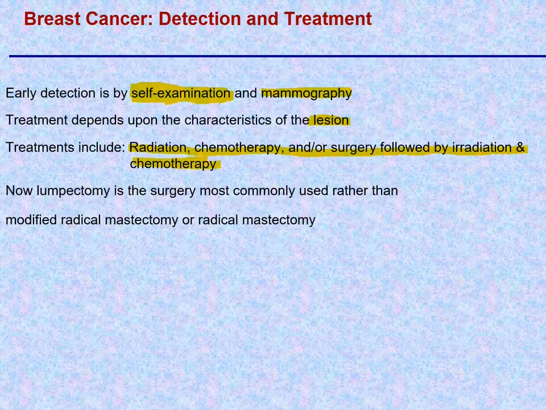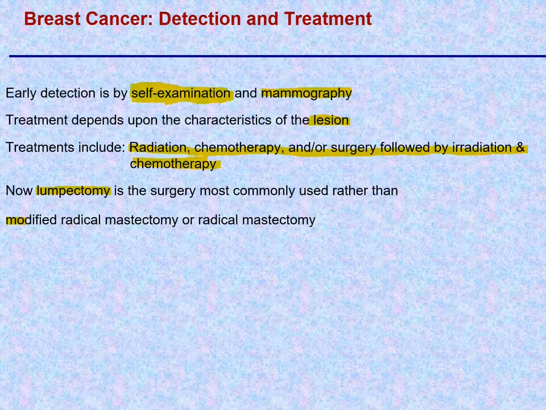Now the most common kind of approach is lumpectomy, which involves just taking out that area of the nodule and around the nodule, and that's used much more commonly now than the surgical techniques that were used more frequently before.